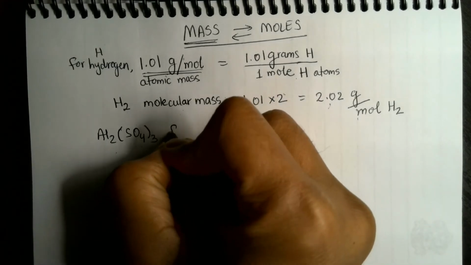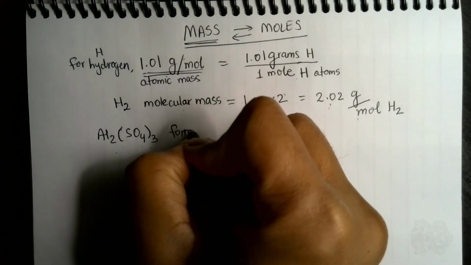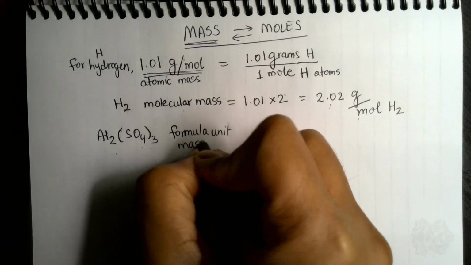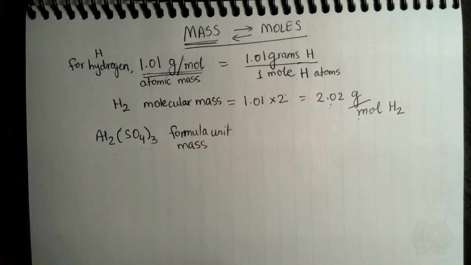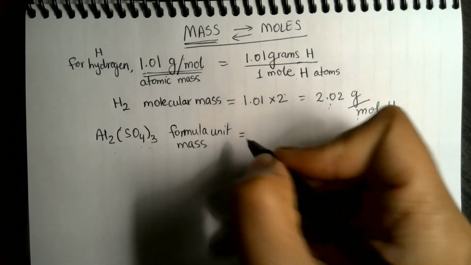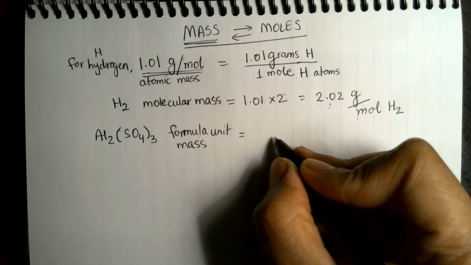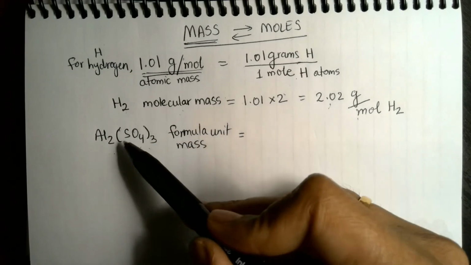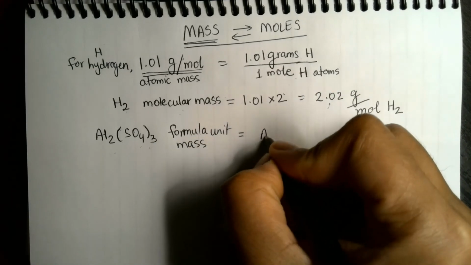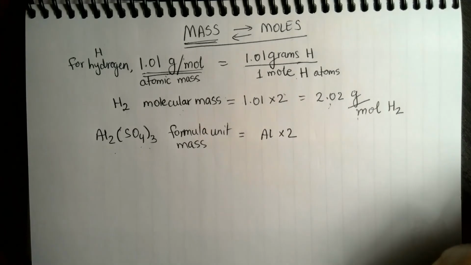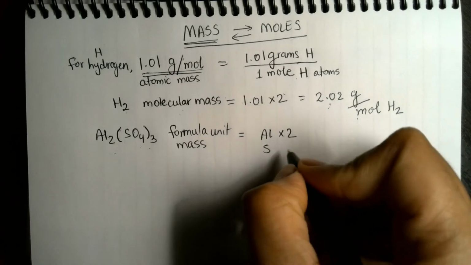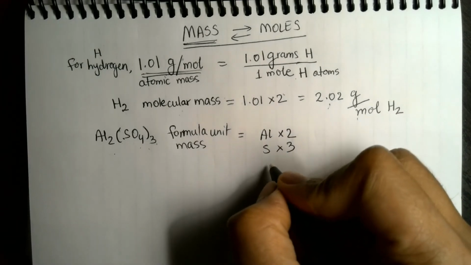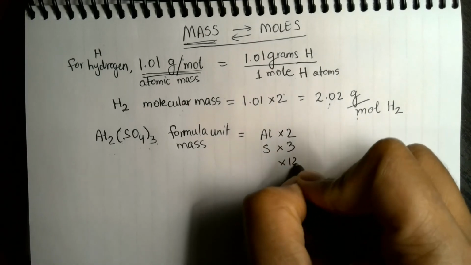It is formula unit mass, and that would be an addition of all the atomic masses of everything involved. It has 2 aluminums, 3 sulfurs, that's S times 3, and 12 oxygens.